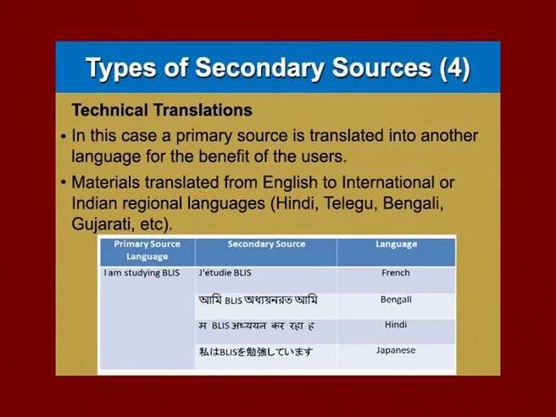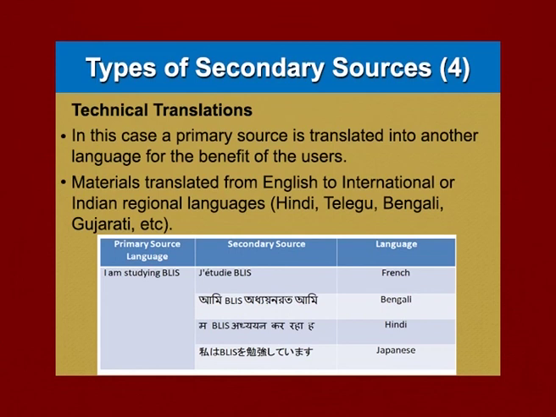The last part of secondary sources is the technical translation part. Here basically nothing is primary in nature, but you are making a primary source available to users in some other language. Just for your help, I have converted one single line, I am studying BLIS, into 4 different languages.